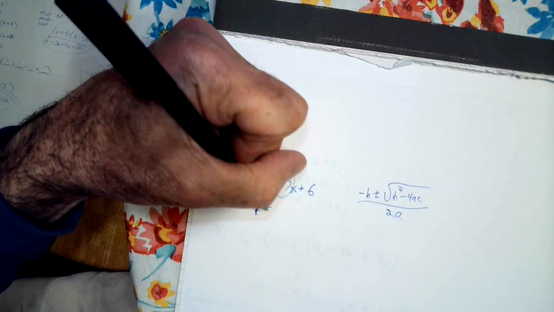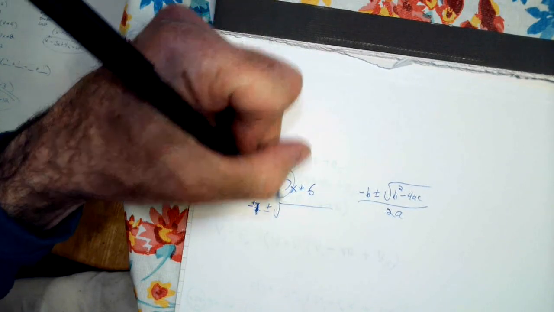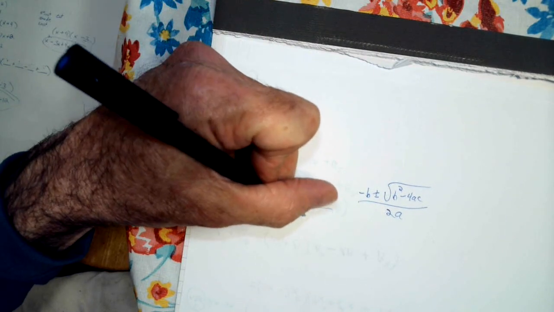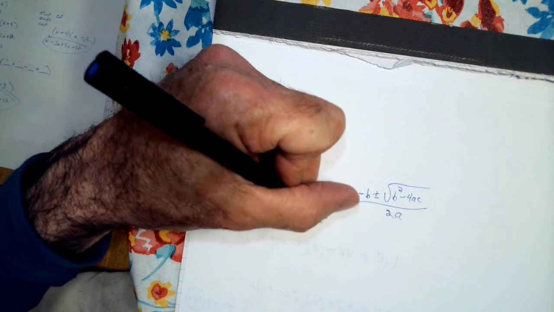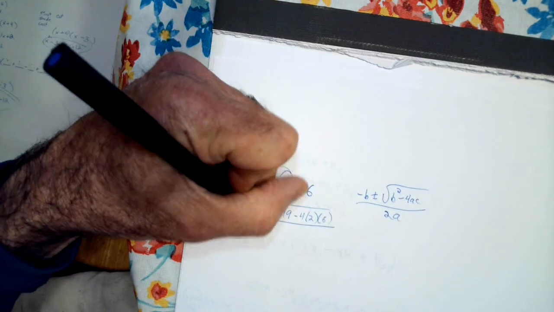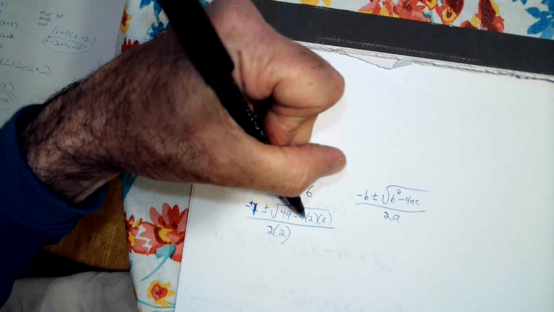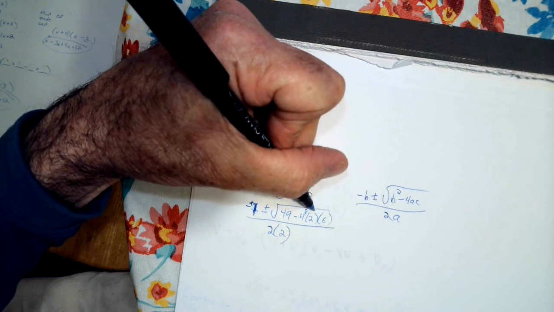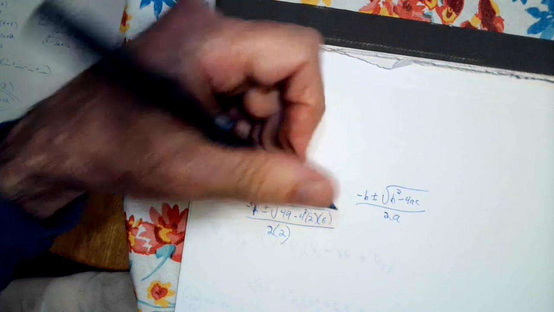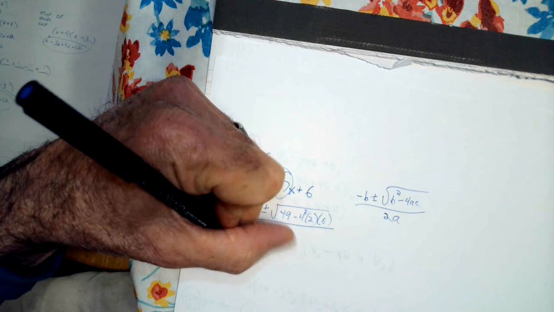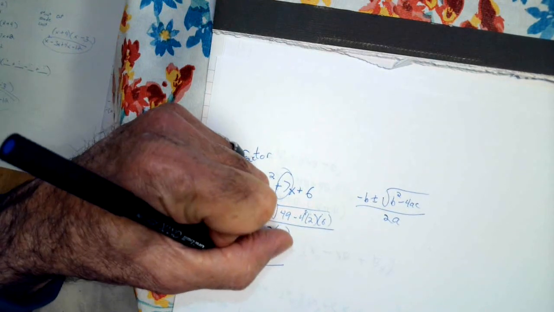Negative 7 plus or minus the square root of 49, that's b squared, minus 4 times a, which is 2, times c, which is 6. All that over 2 times 2. 4 times 2 is 8. 8 times 6 is 48. 49 minus 48. So I have negative 7 plus or minus the square root of 1, over 4.